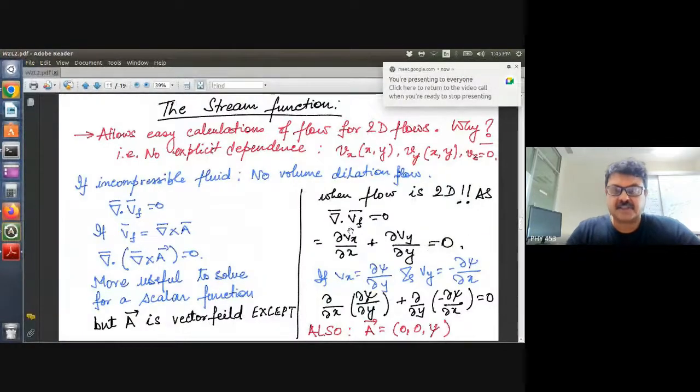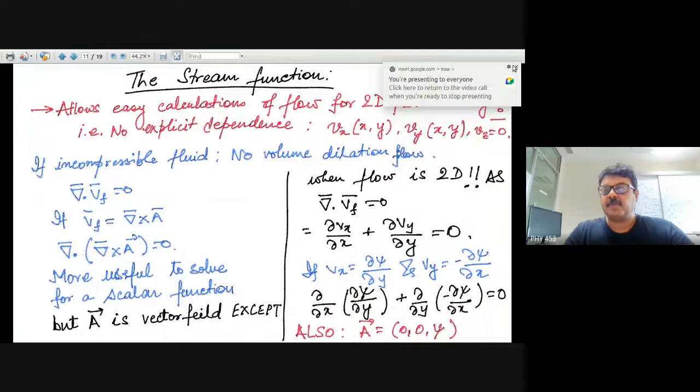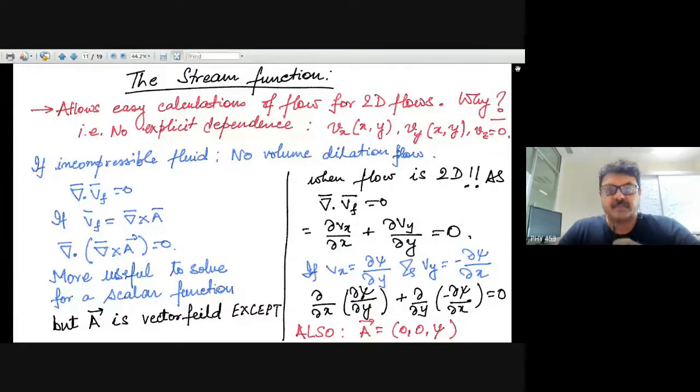When we have incompressible flow, it allows us easy calculation of flow fields, but only if the flow is 2D. There's no third dimension dependence.